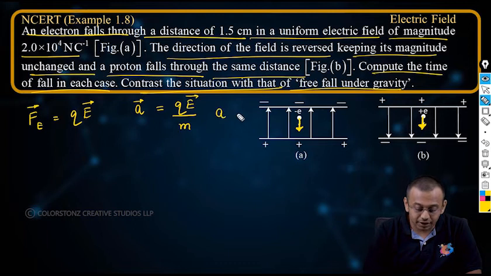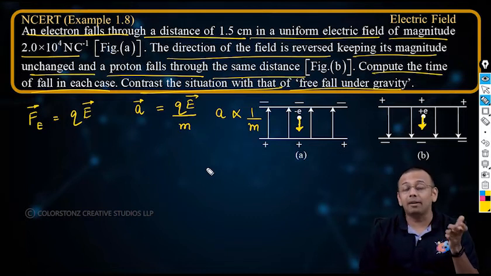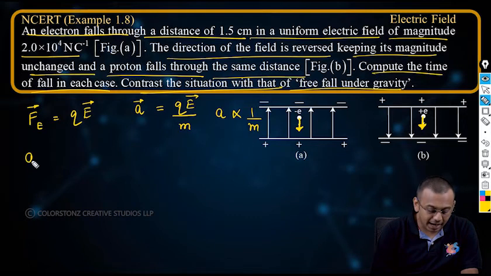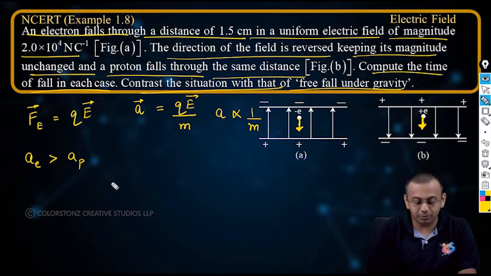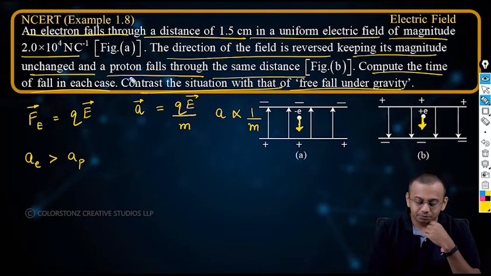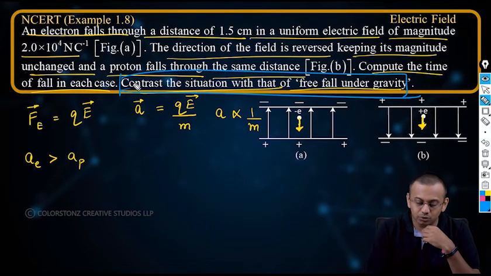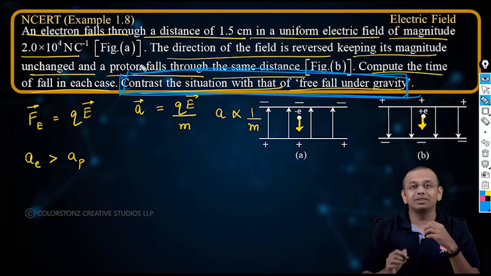So the acceleration will be lesser for proton and more for an electron. So the acceleration of the electron is greater than the acceleration of the proton. So actually I have answered the second part here: contrast the situation with that of free fall under gravity. What they want us to do is compare the two cases.